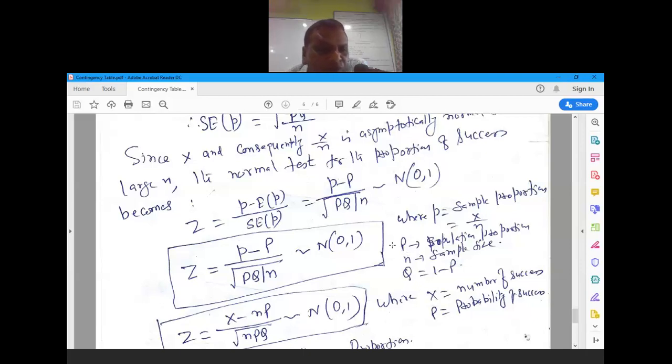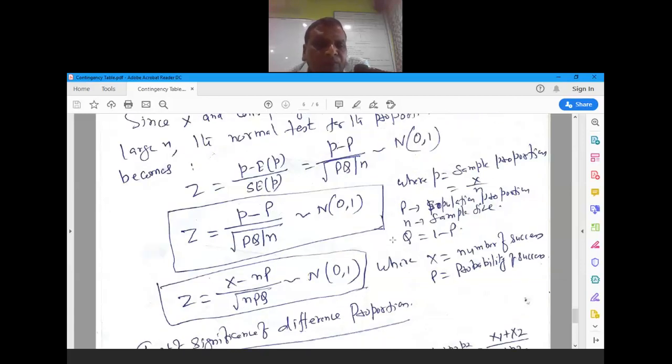So for the formula to test the significance of proportion, there are two formulas. One formula is like this: z is equal to a small p minus capital P divided by the square root of PQ upon n, which follows a standard normal variate with mean 0 and variance 1.